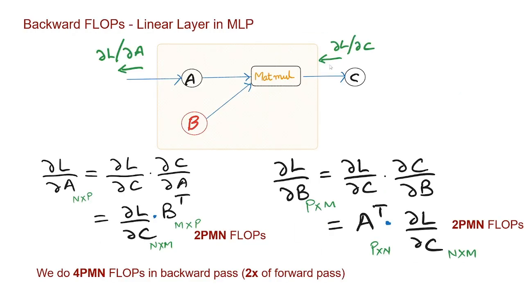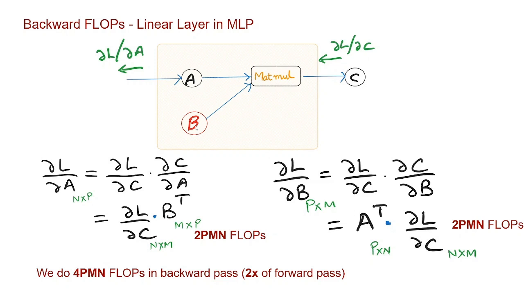In the backward pass, we have the upstream gradient with respect to the output of this linear layer, which is C. So we have del L by del C, the derivative of the loss with respect to C, and we are interested in obtaining the gradient of the weights.